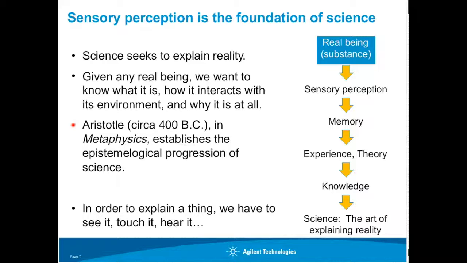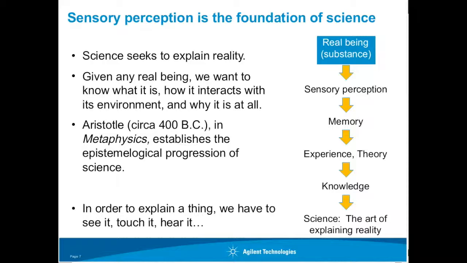So around 400 BC, Aristotle established for us the epistemological progression of science. In other words, he established how we come to know what we know in science. And in the flow chart on the right here, I've tried to illustrate Aristotle's hierarchy of knowledge. First, we have reality up here, real beings that we want to understand and explain.